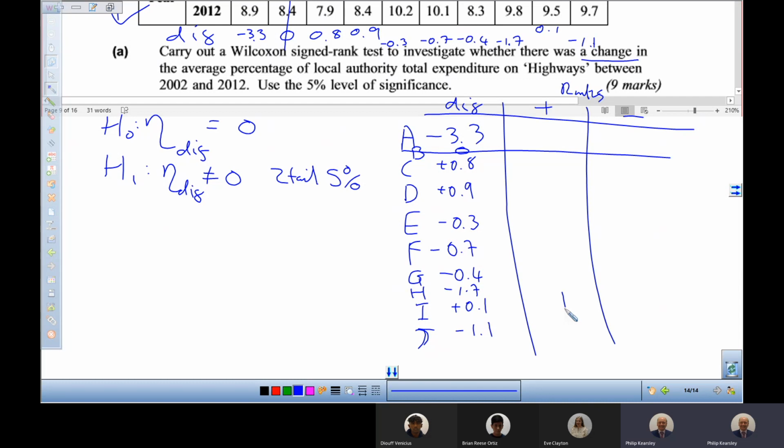No. 0.3, so rank number 2 for E, but notice how it's negative. 0.4, rank number 3, also in the negative, but this time for G. 0.5, 0.6, 0.7, so rank number 4 for the 0.7, in the negative for F. 0.8 and 0.9 next, so 5 and 6, but we're back over to the positive side. 1.1, rank number 7 for J in the minus column. 1.7, rank number 8 in the minus, and rank number 9.